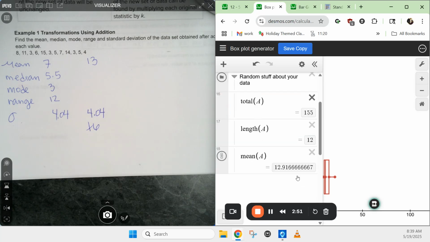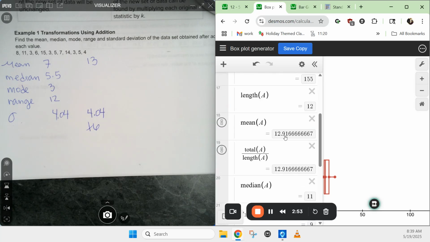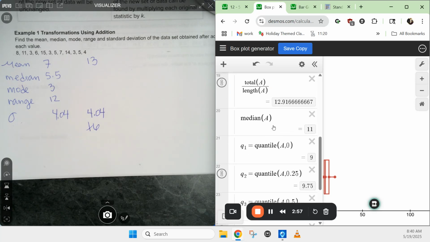Okay, I don't know why it's coming out right. Anyway, the mean is basically 13. I think I typed something weird.